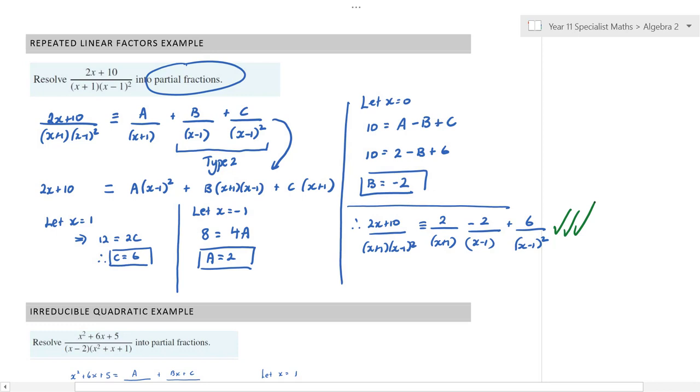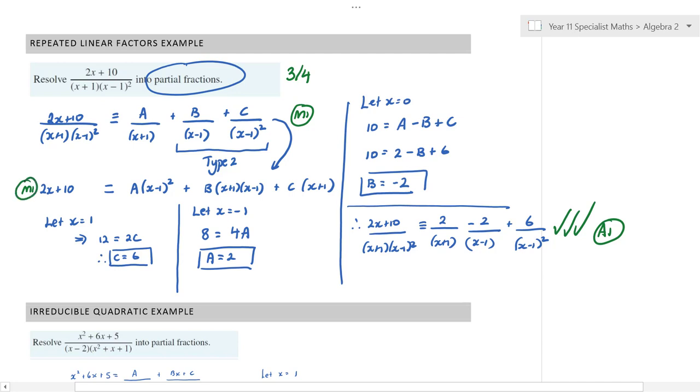Now, if this was worth, let's say 3 to 4 marks on an 11 special, then of course this will be your final answer, expressing it there. Finding A, B, and C might be, definitely expressing this will be a mark. Okay, maybe expressing this will be a mark.